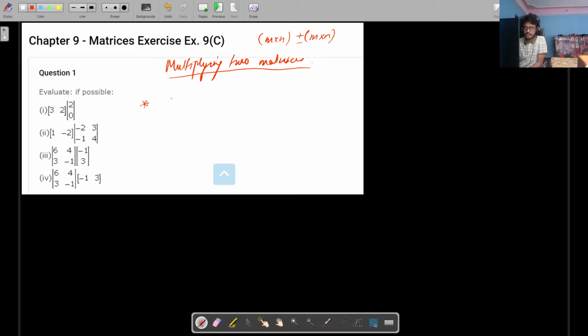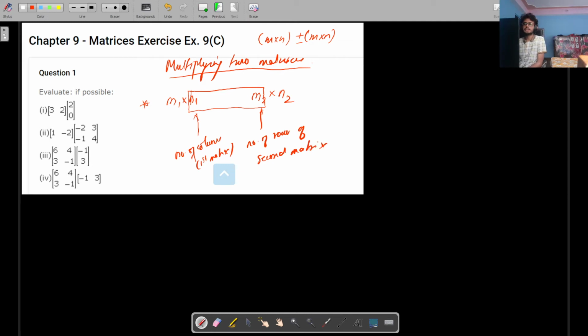The multiplication criterion is: if the first matrix has order M1 by N1 and the second matrix has order M2 by N2, then for these two matrices to be possible to multiply, these two numbers should be equal. So the number of columns in the first matrix should be equal to the number of rows of the second matrix.